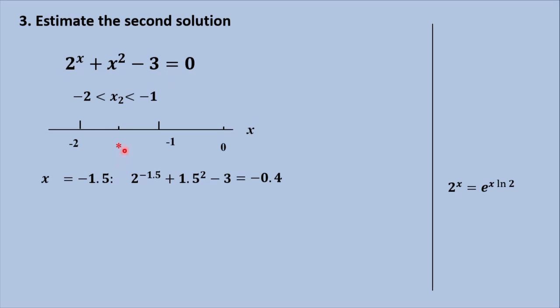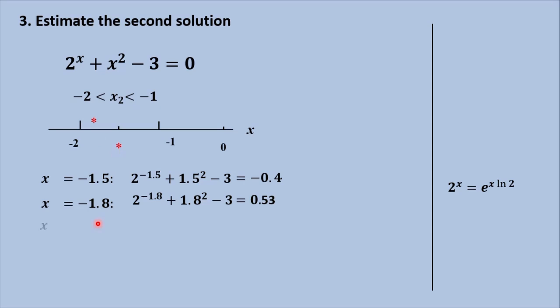Next we take the number between negative 1.5 and negative 2. It is just a trial. We take negative 1.8, again plug into the left hand side, calculate, and we have positive value. So it is here. So the solution is between these 2 points.